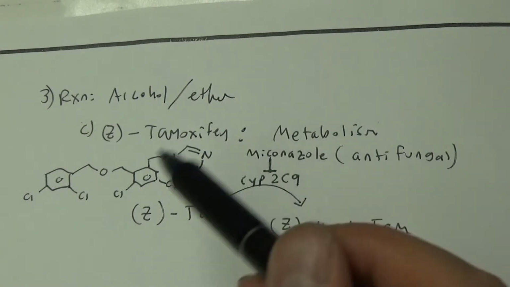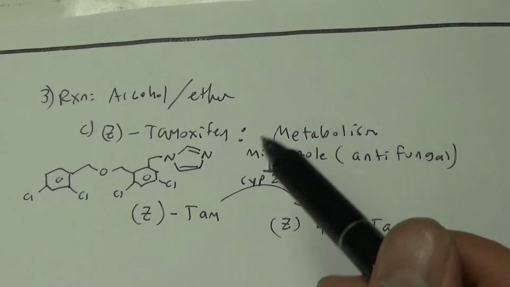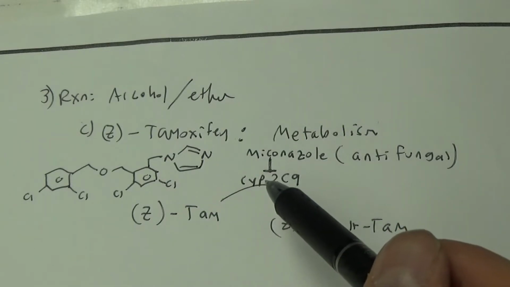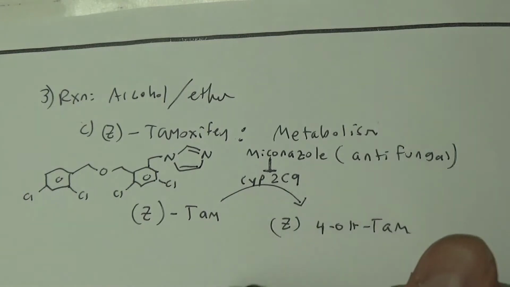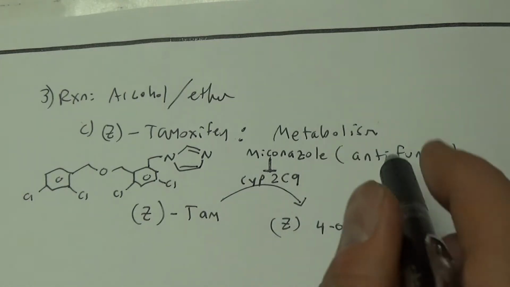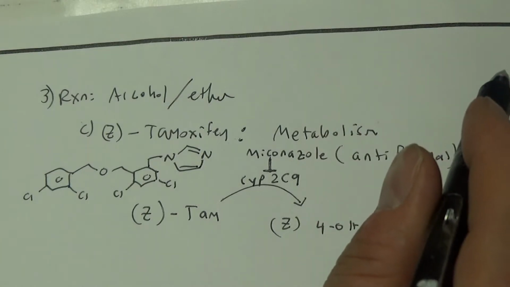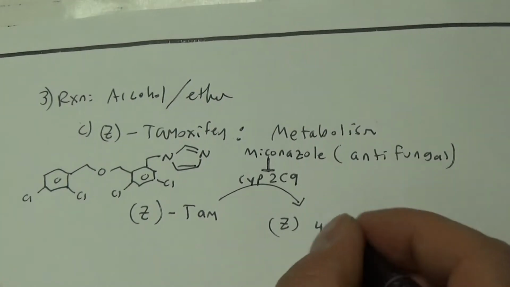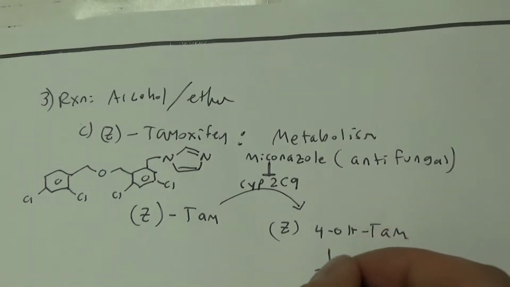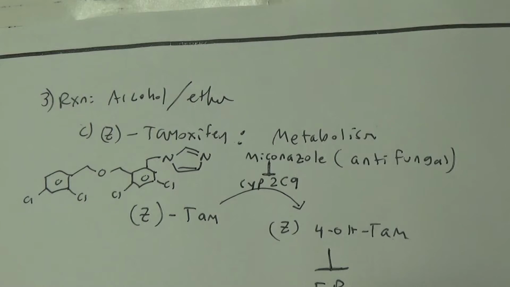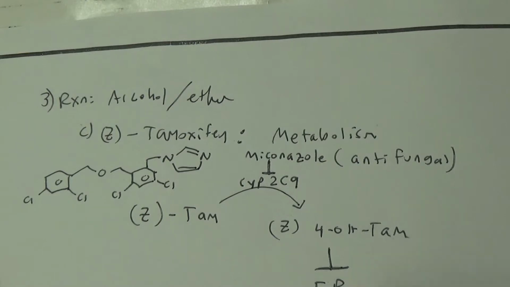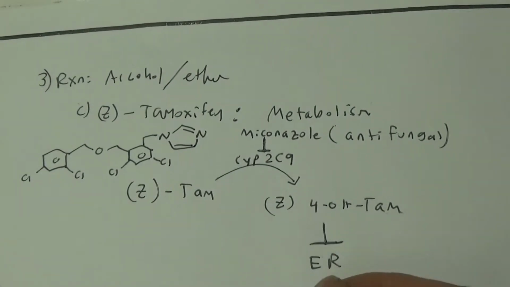But anyway, if you take Miconazole, it can inhibit this enzyme. That happens frequently and causes drug interactions. And of course this inhibits ER, the estrogen receptor, which is basically when the estrogen receptor is overly active, it causes uncontrolled cell growth and causes breast cancer.